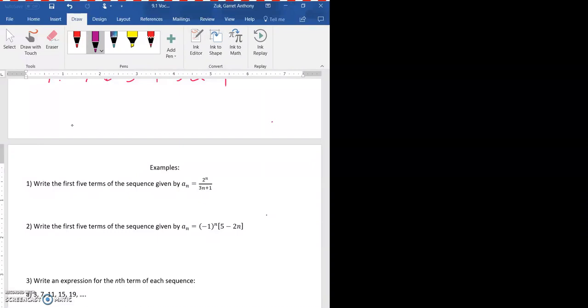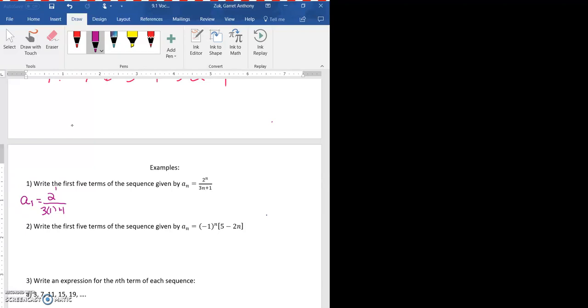Again, I'm going to start at 1 and just start figuring out what these terms are. So a sub 1 is 2 to the first power over 3 times 1 plus 1. Everywhere I see an n in this formula, I'm going to plug in my first number, 1.